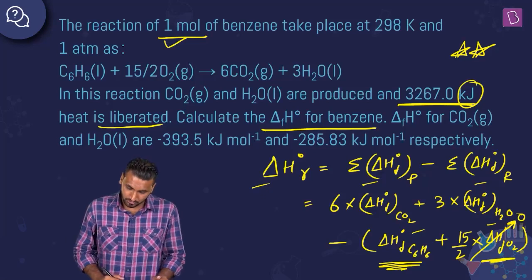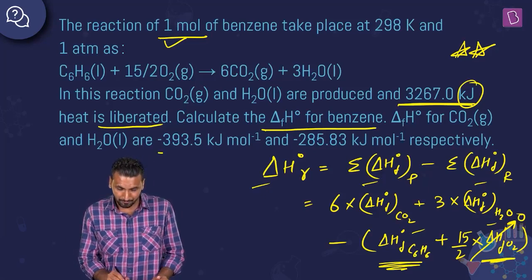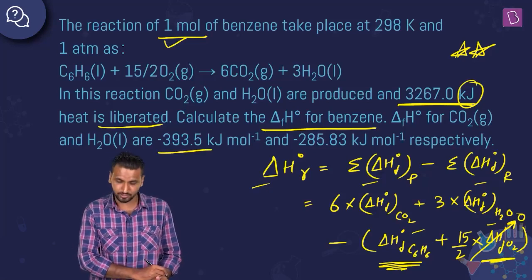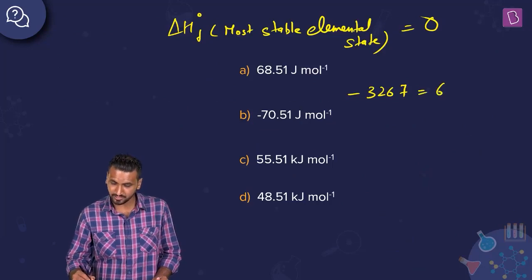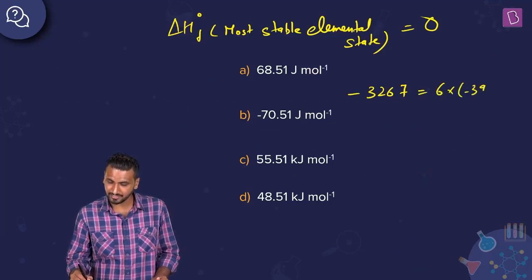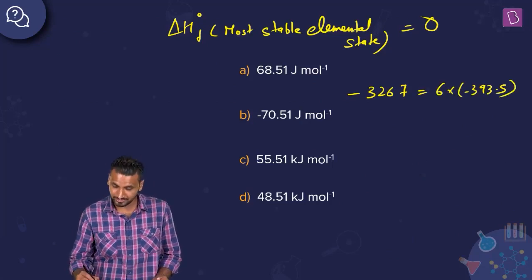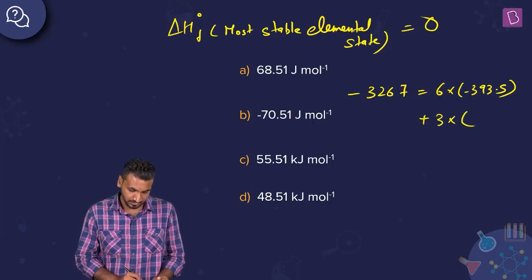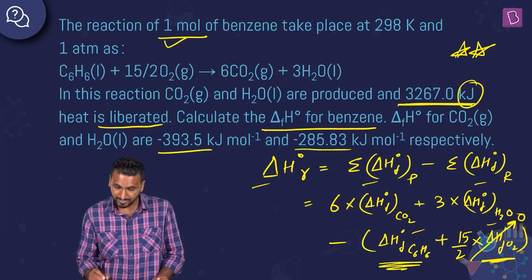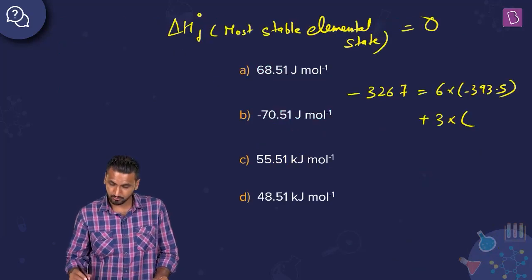Okay, cool. So if I put the values for CO2, what is given is minus 393.5 kilojoule per mole. So it is 6 into minus 393.5 kilojoule per mole. You have 3 water molecules, so plus 3 into the data for water, which is minus 285.83 kilojoule per mole.